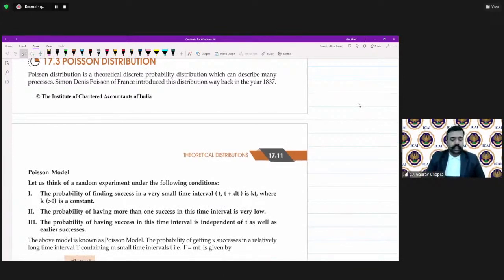So what is basically the Poisson distribution? Poisson is a theoretical discrete probability distribution which can describe many processes, and this was given by Simon Denis Poisson, and it was first introduced in the year 1837, almost 200 years back.